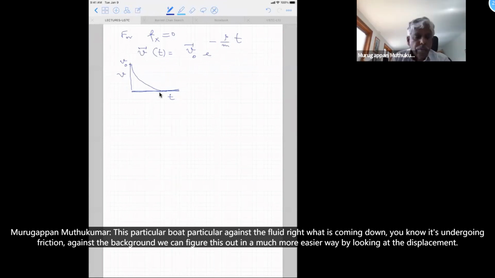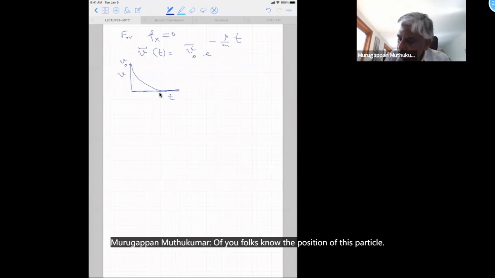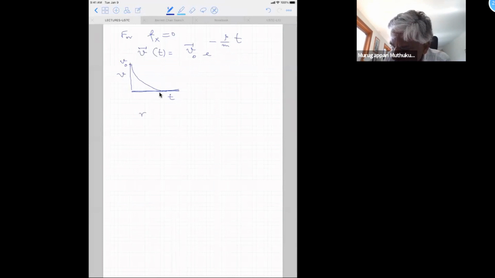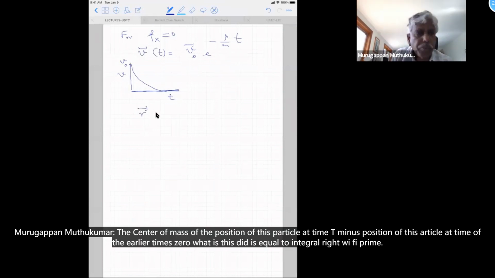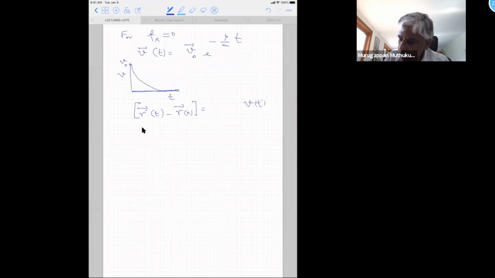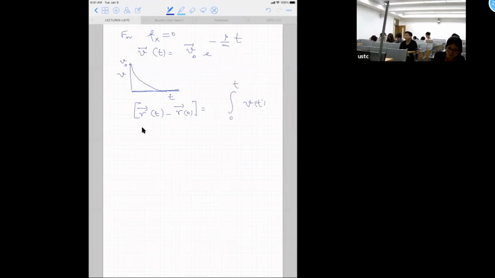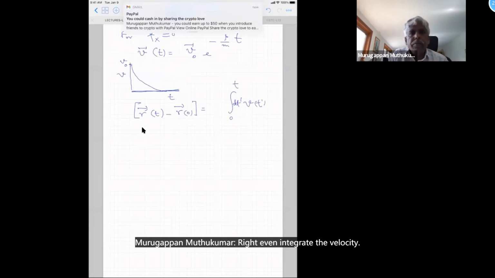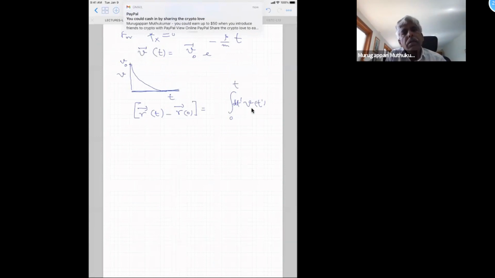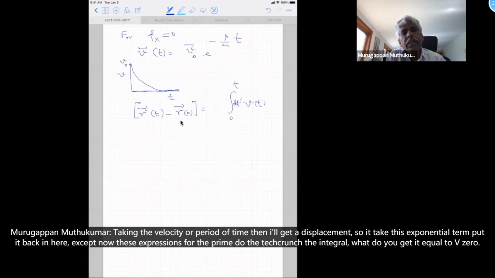We can figure this out in a much easier way by looking at the displacement. As you folks know, the position of the center of mass of this particle at time t minus the position at the earlier time 0 is equal to the integral of v of t prime from 0 to t, dt prime. If I integrate the velocity over a period of time, I get a displacement.